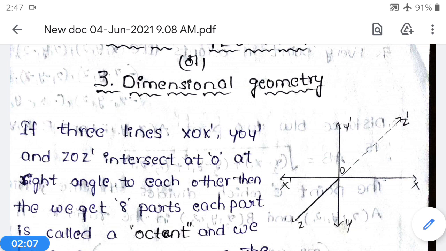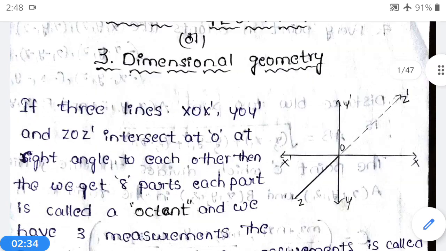Whereas sin theta is equal to square root of sigma (l1 m2 minus l2 m1) whole square. And tan theta is equal to square root of sigma (l1 m2 minus l2 m1) whole square by l1 l2 plus m1 m2 plus n1 n2.